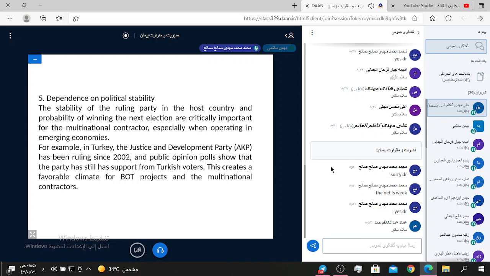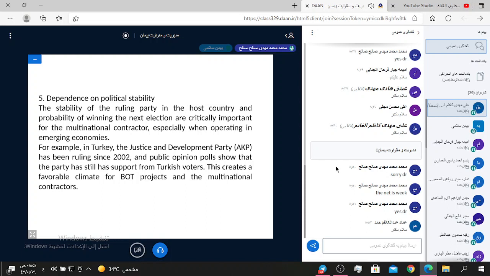Number 5, dependence on political stability. The stability of the ruling party in the host country and the probability of winning the next election are critically important for the multinational contractor, especially when operating in emerging economies.